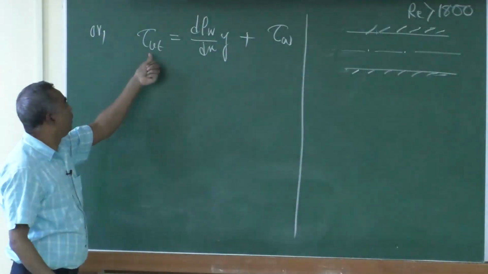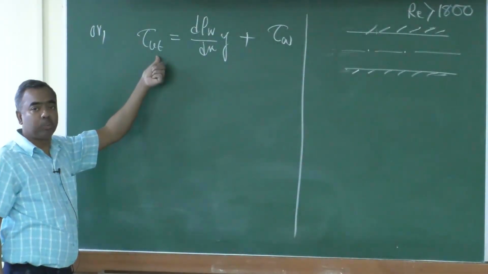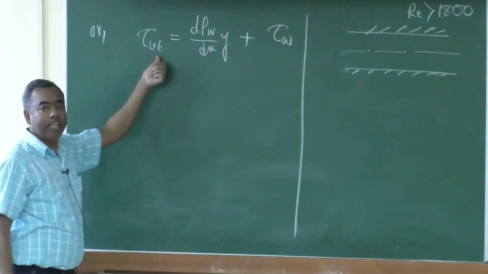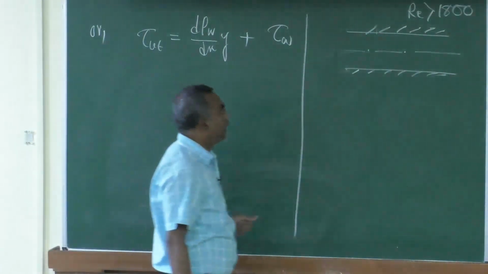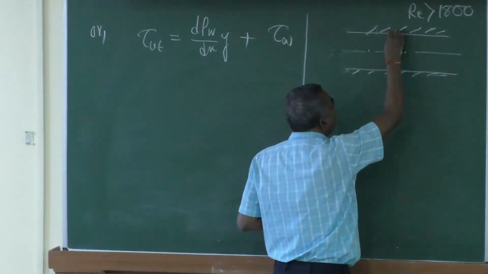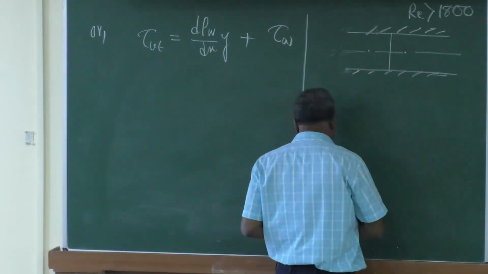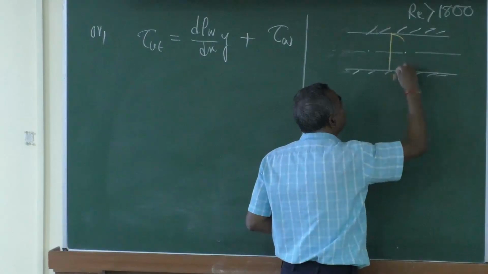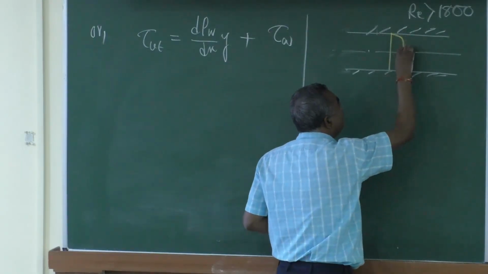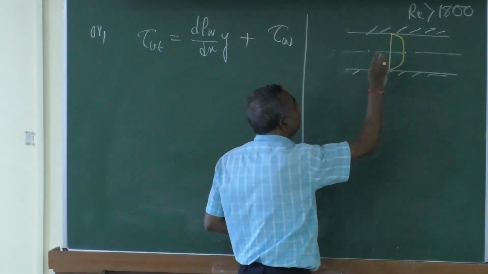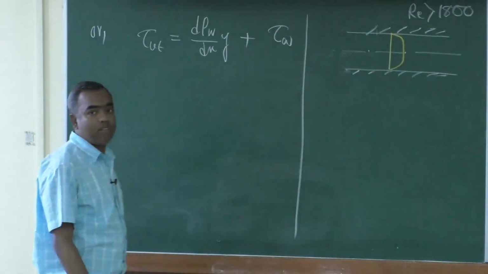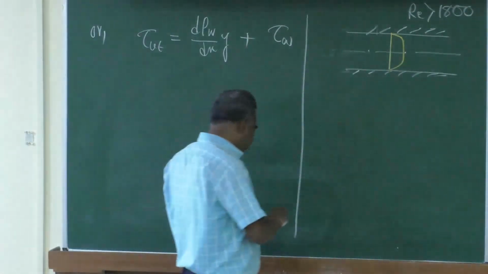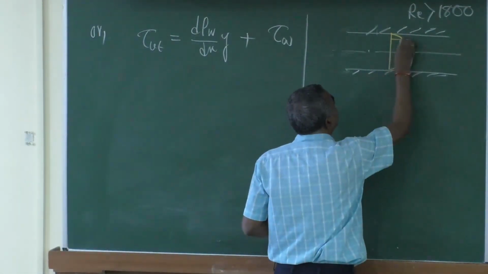Anyway, now what is the point we would like to mention? Physically, can we say whether tau Vt is going to be a symmetric function about the central line or it is going to be asymmetric? Okay, it is going to be asymmetric. Why? Because observation shows, as I already told you, that the velocity profile is something like this in a channel flow.